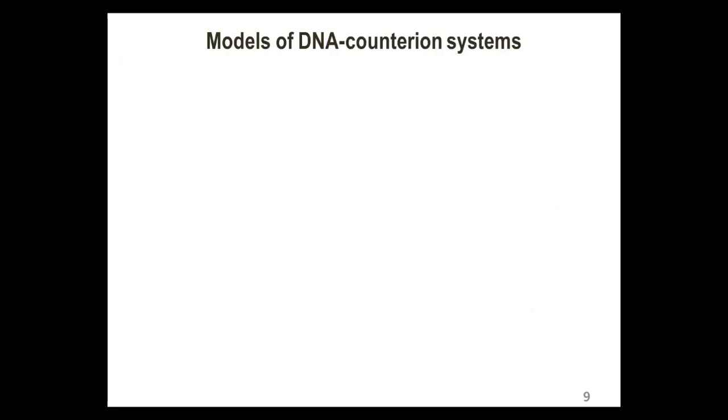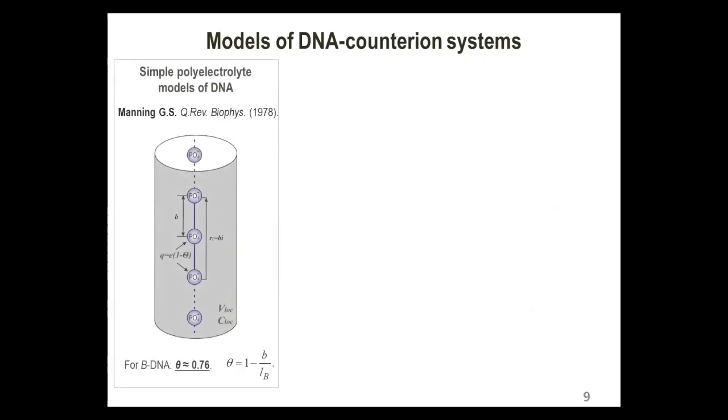To understand the interaction of ions with DNA, we need some approaches, we need some models, and the simplest model is the model where DNA is considered as a chain of charged beads. You can see this very simple model, but at the same time, it allows us to find a very important effect, which is known as counter-ion condensation.